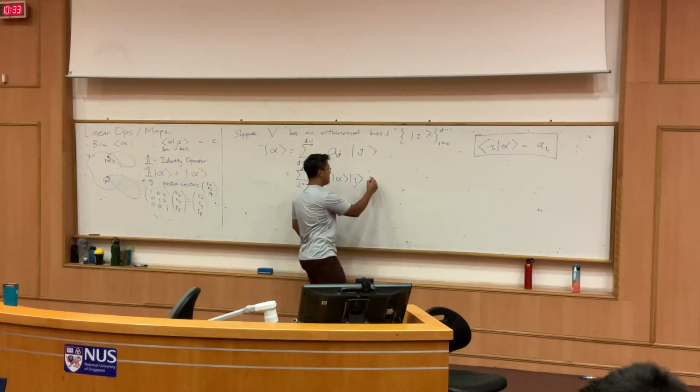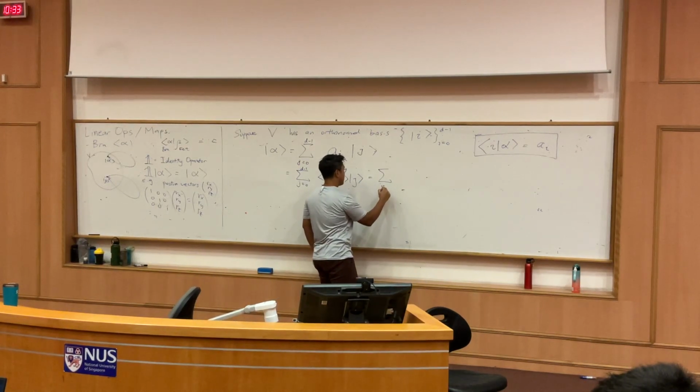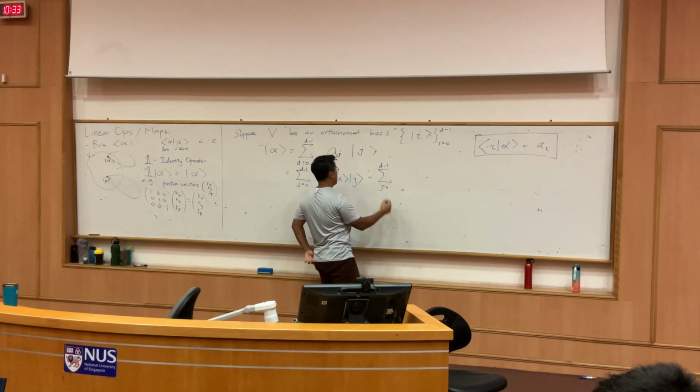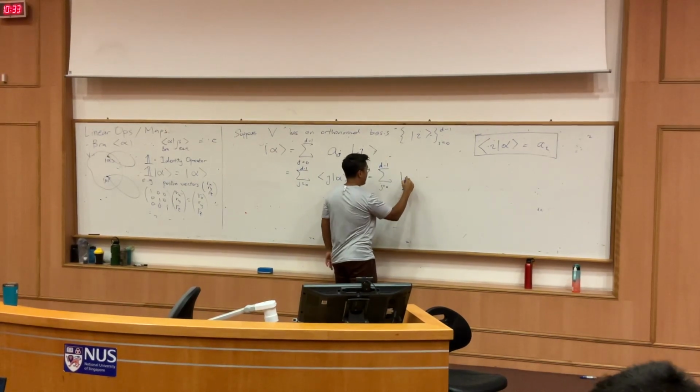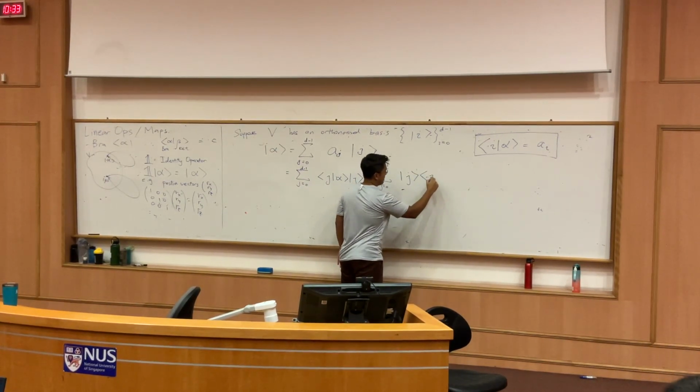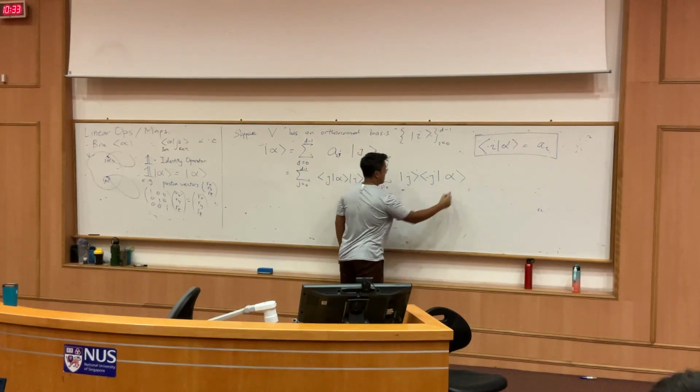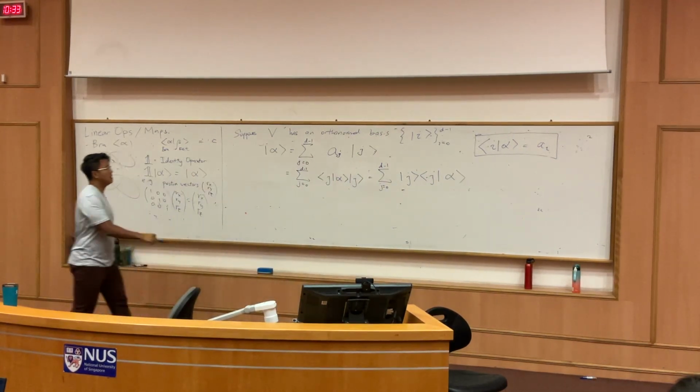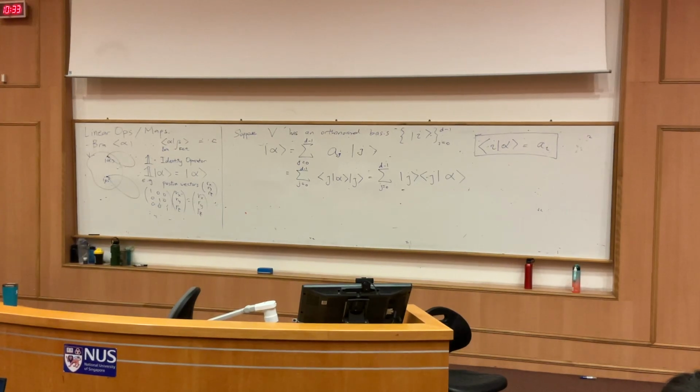So that equals the sum from j equals 0 to d minus 1 of j, j, alpha. Okay, this equation seems a bit circular. It's like alphas on both sides, but there's nothing wrong with it. What it is saying is that for any alpha, it can be re-expressed that way.